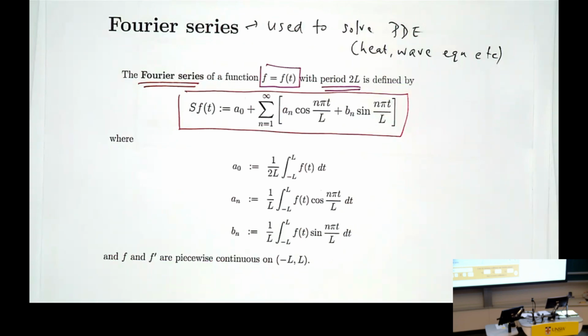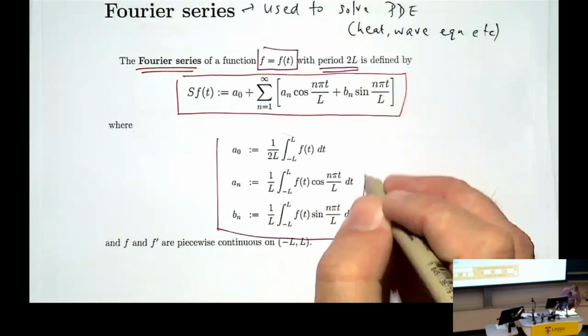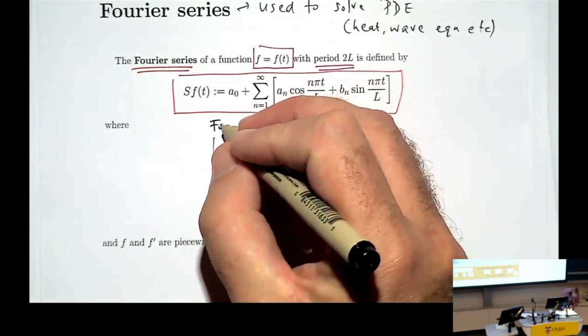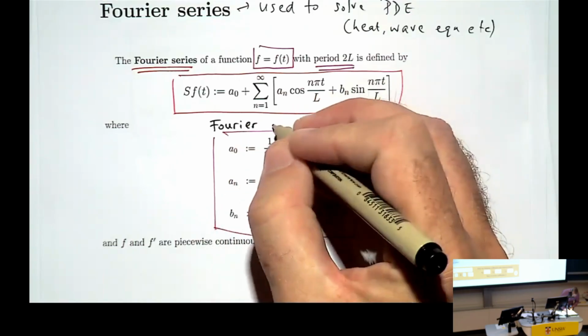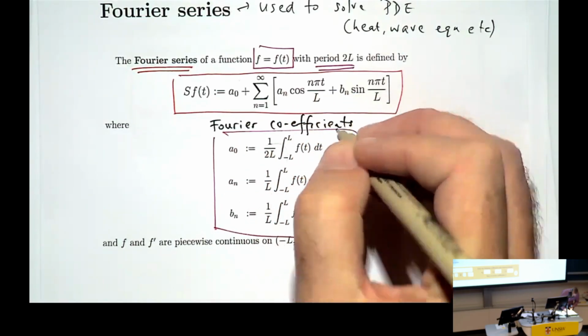So what does this look like? What does this look like? Well, we've seen it visually, but let's just see what this thing looks like. So you can see down here, these things are called the Fourier coefficients, right?